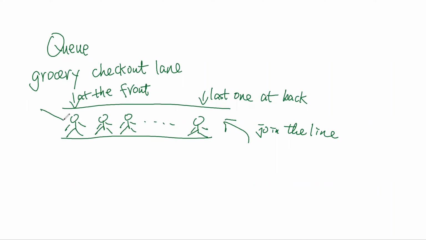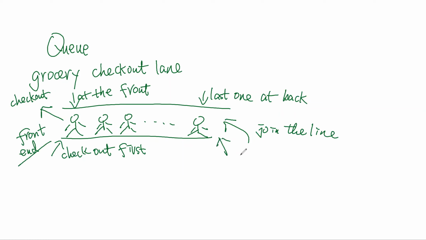But when I want to leave the line, when I do checkout, whoever is at the front gets to check out first. So in this case, regarding the checkout lane, you have two ends: the front end and the back end, and both ends are open.